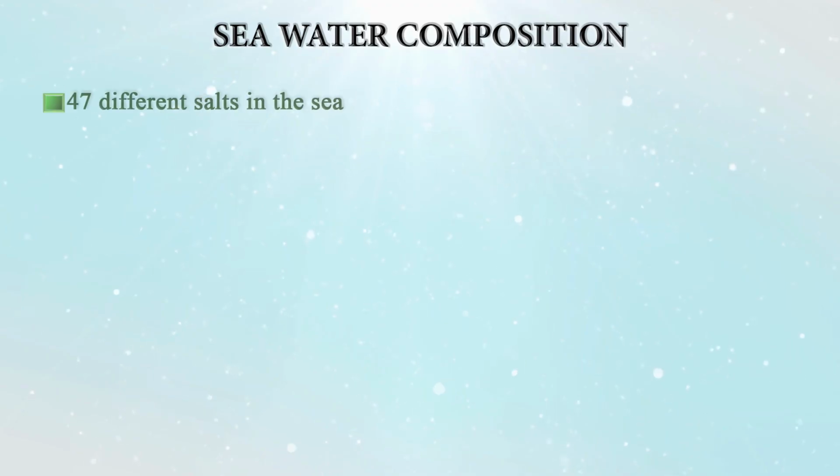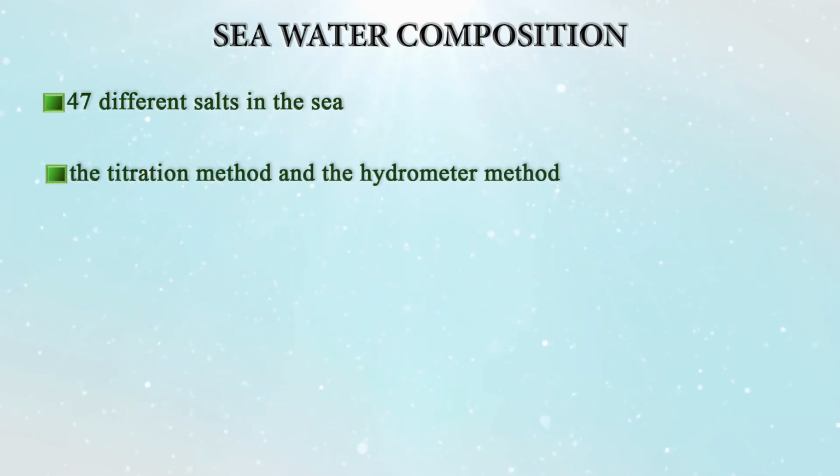Now, through various expeditions by different famous oceanographers, they have found that 47 different salts are present in the seawater, and the most common methods of extraction of salt are the titration method and the hydrometer method.